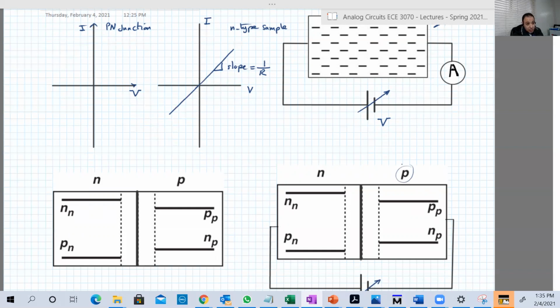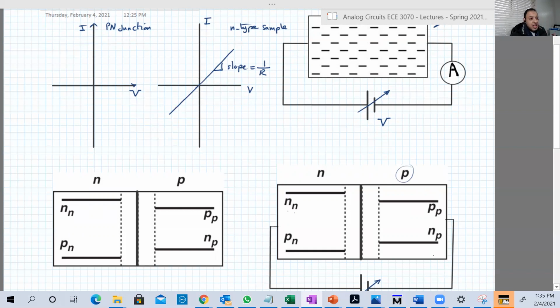If you remember, the symbol for the density of the electrons in the N region is Nn, and the symbol for the holes in the N region is Pn, and the opposite for the P type, Pp and Np.